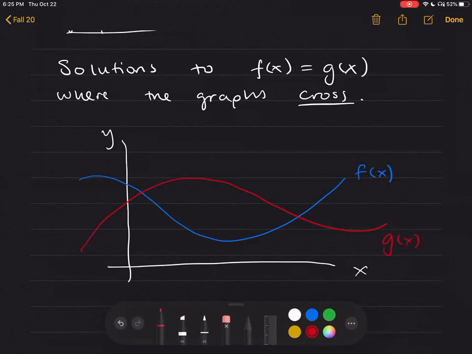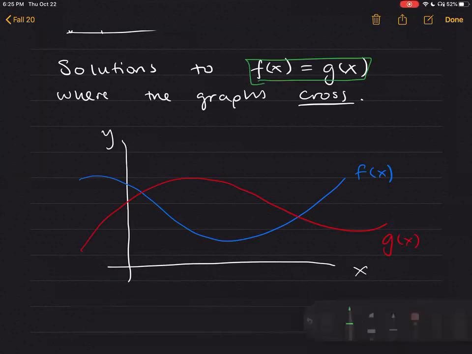The solutions to this equality right here are exactly where they cross. So it's right here and here. And so if you drop down to the x-axis, these are the values that you can plug into both functions, and you expect to get the same result. So that's what equal means. So those are our solutions.